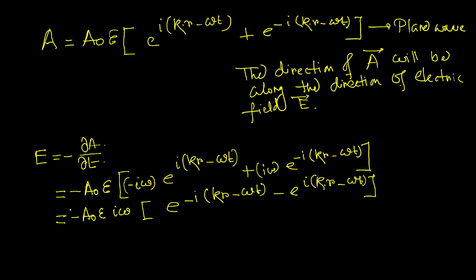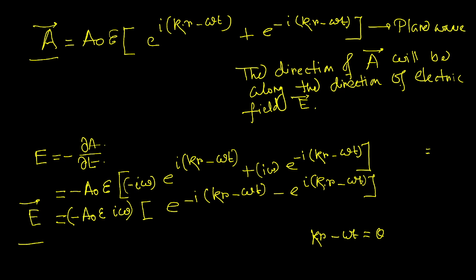Okay. Now see this function and this function, their direction is the same. Now if you think of k dot r minus omega t as theta, then E is equal to, h cut E is equal to h cut omega.